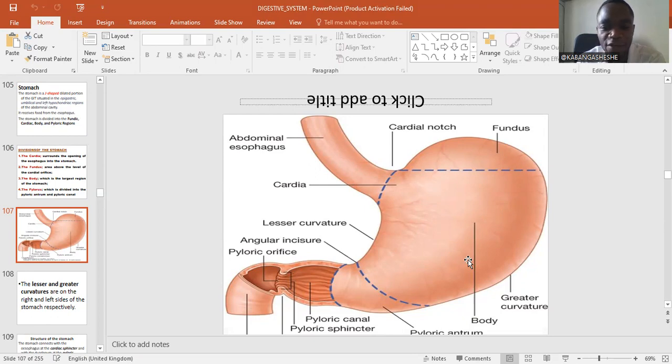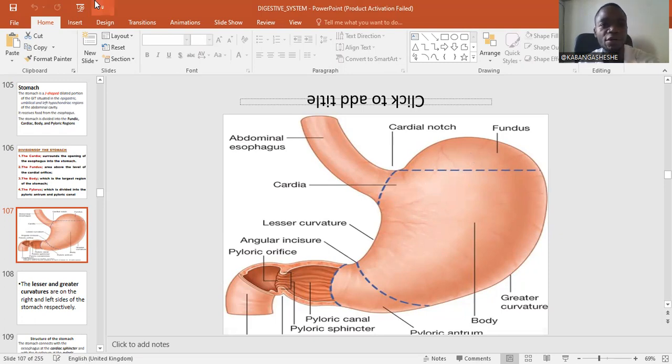Before we go any further, I would like to look at the divisions of the stomach. The stomach is divided into the following parts. The part that is immediately connected to the esophagus, we call the cardiac region, or the cardia, if you like. Next is the fundus, the superiormost portion of the stomach.